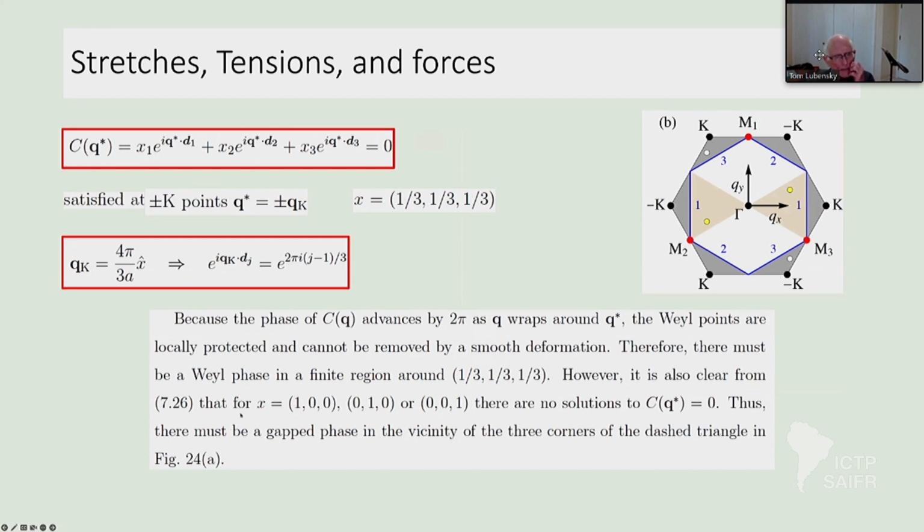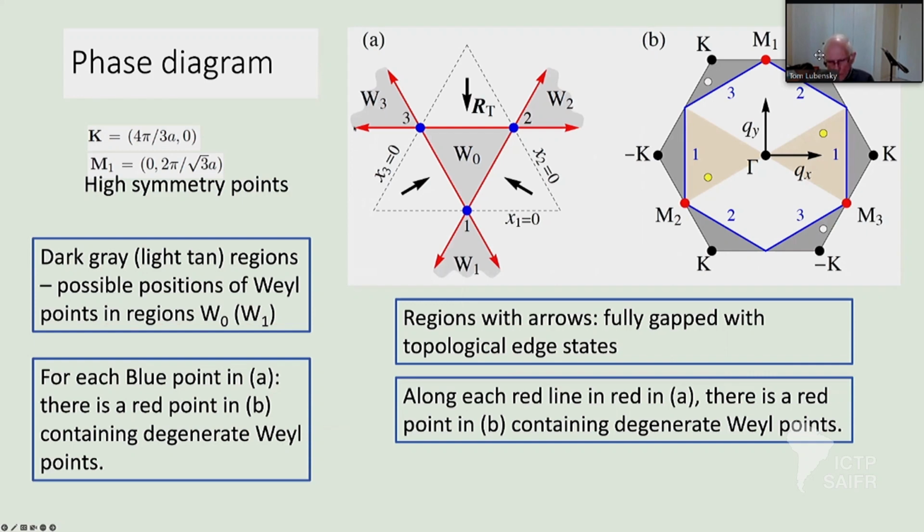If we look at the point x equals 1, 0, 0, or 0, 0, 1, there are no solutions to C of Q star equal to 0. All you have to do is put x1 equal to 1 here, and there's no way I can get 0. So these are points where we know that we don't have any solutions to C of Q equals 0.